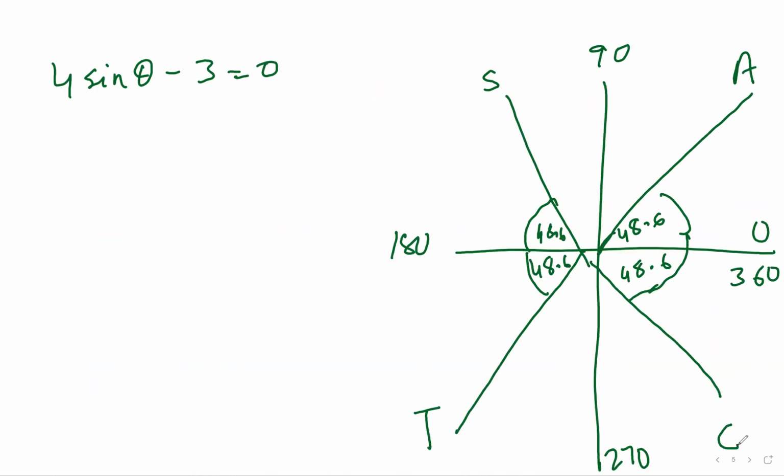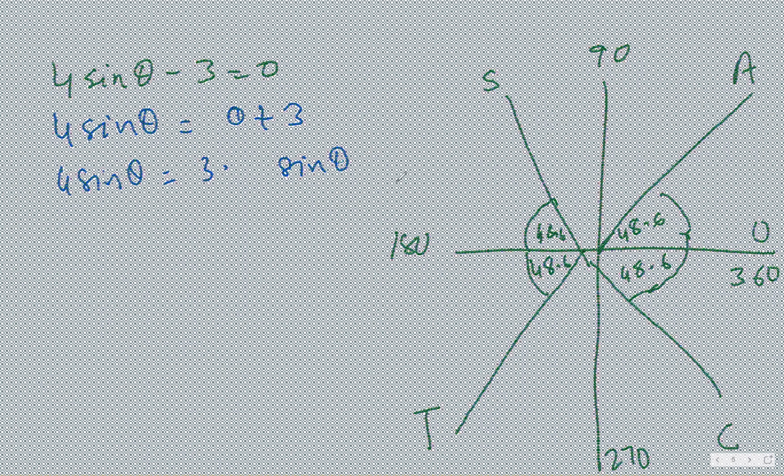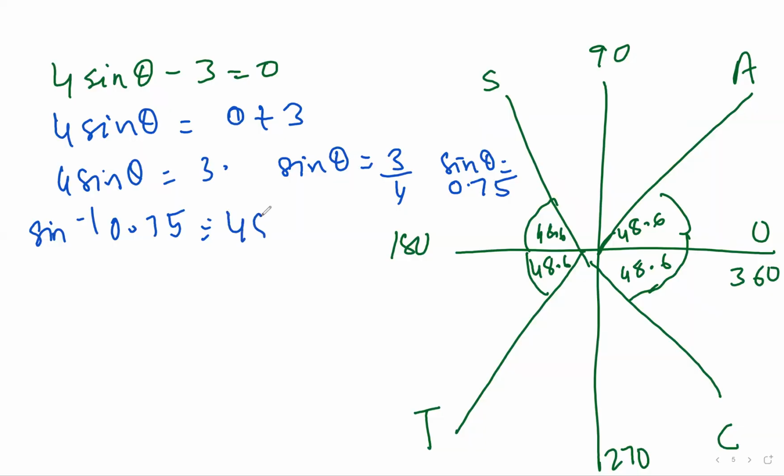Here I want 4 sine theta minus 3 is equal to 0. So I'll do like this. Correct. So sine inverse 0.75 will be what? It will be 48.6.